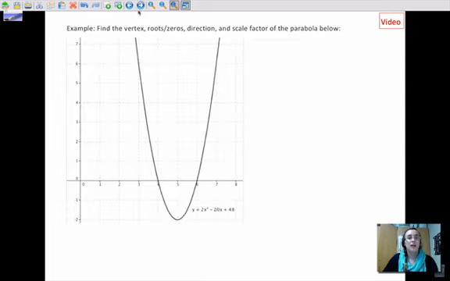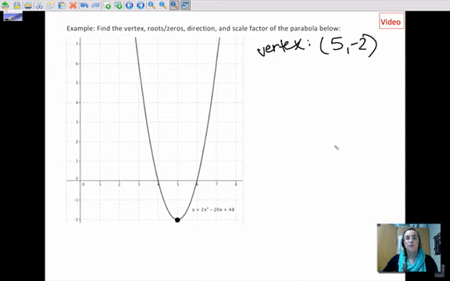So if I'm looking at an example, the vertex is the minimum point in this example. Okay, so the vertex of this parabola is 5, -2. Okay, I'm looking for the roots or the zeros. In other words, I'm looking at where y equals 0. So I'm looking along this horizontal line.